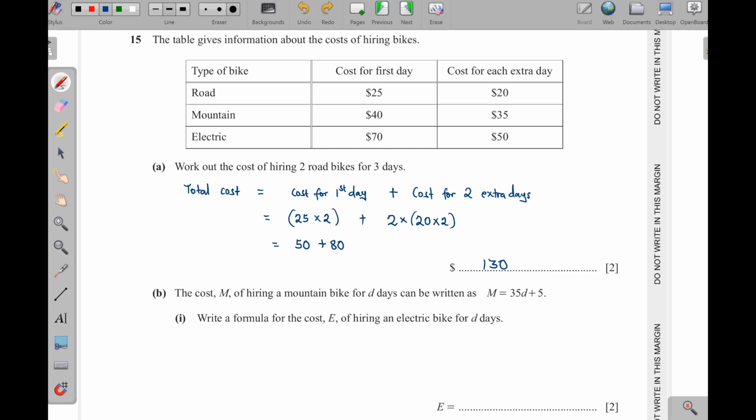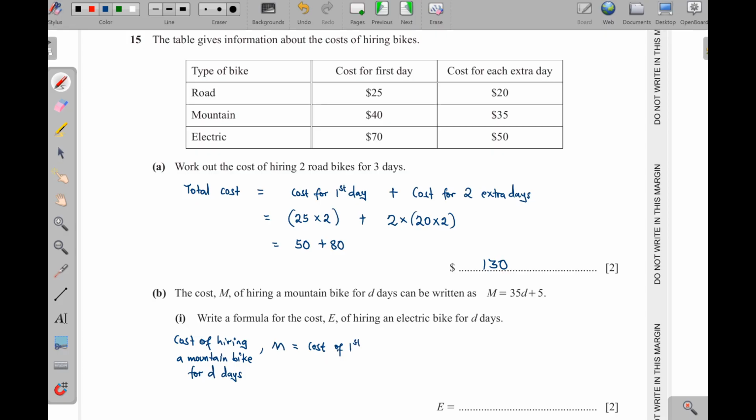Now, when we look at this mountain bike, let's see how they got this one here. Okay, cost of hiring a mountain bike for D days. Now, it is M here. This one is going to be equal to cost of what?